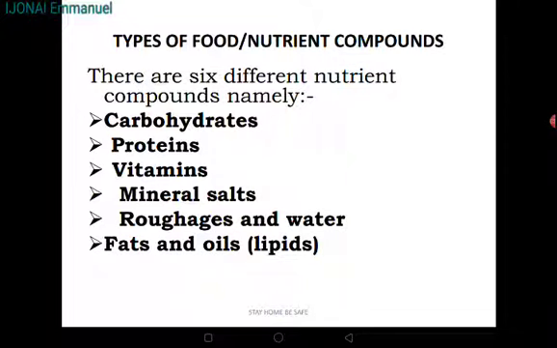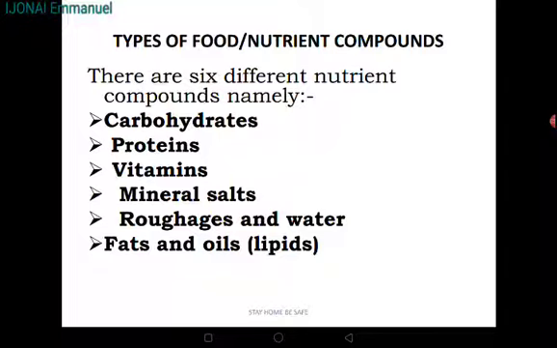So we want to look at the types of food nutrients, or the type of nutrient compounds that we require. There are 6 of them. We have carbohydrates, what we call the energy giving foods. We have proteins, the body building foods. We have vitamins, mineral salts, roughage and water, and then fats and oils.